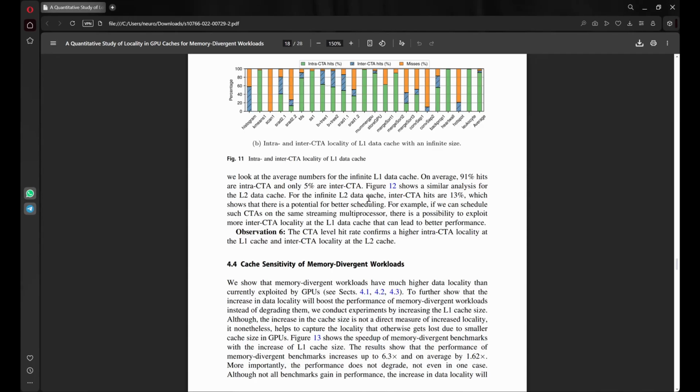What this shows is that maybe we could take advantage of this locality present in inter-CTA hits by taking the different CTAs that might be scheduled on two different SMs and scheduling them all into one SM.